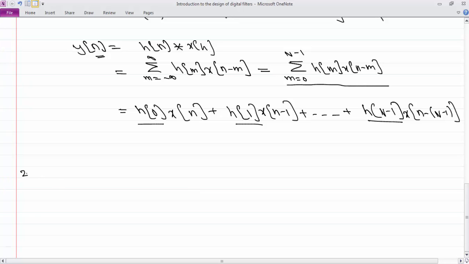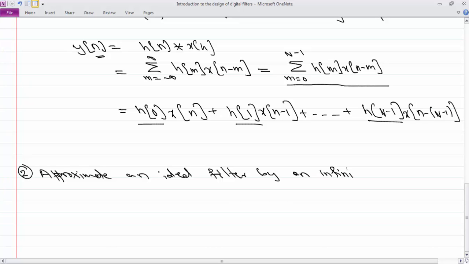Now the second way of approximating an ideal filter is to approximate an ideal filter by an infinite impulse response filter, or IIR filter, that can be described by a difference equation.